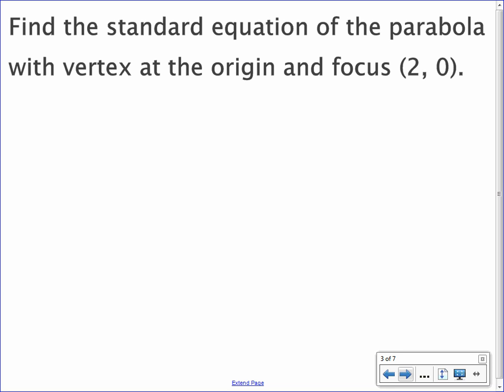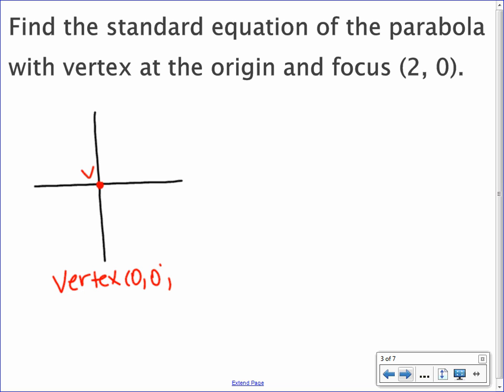Graph it. You should probably draw a picture. Alright? So our vertex is at the origin. And our focus is at (2, 0).